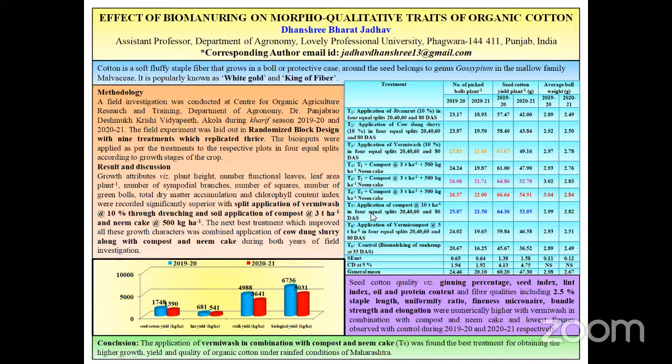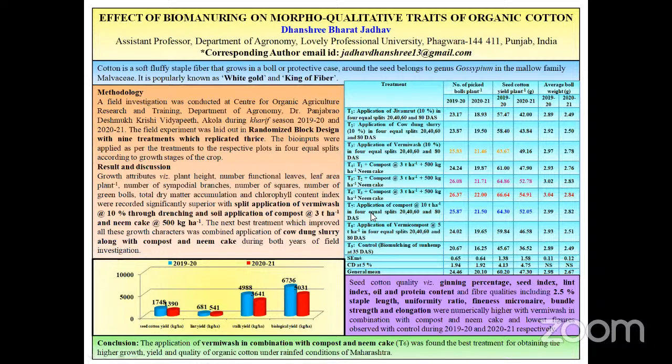The results of the experiment showed that growth parameters of organic cotton, for example plant height, number of functional leaves per plant, leaf area per plant, number of sympodial branches per plant, number of squares, number of green bolls and total dry matter accumulation of plant, were recorded significantly higher with a combined application of vermiwash at the rate of 10%, soil application of compost at 3 tons per hectare and neem cake at the rate of 500 kg per hectare.